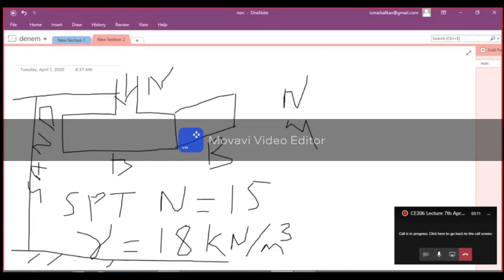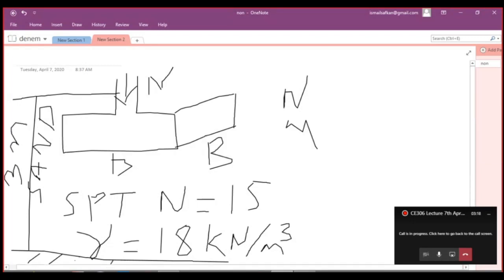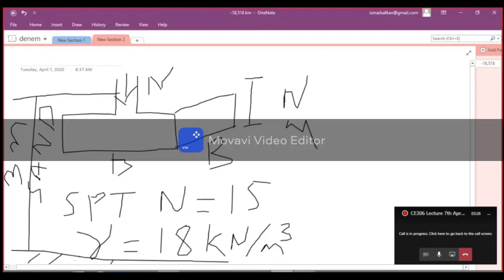And let's assume as 3 meters. Embedment Df as 1 meter.